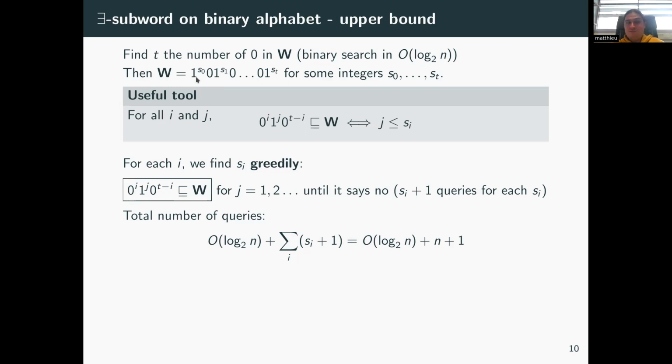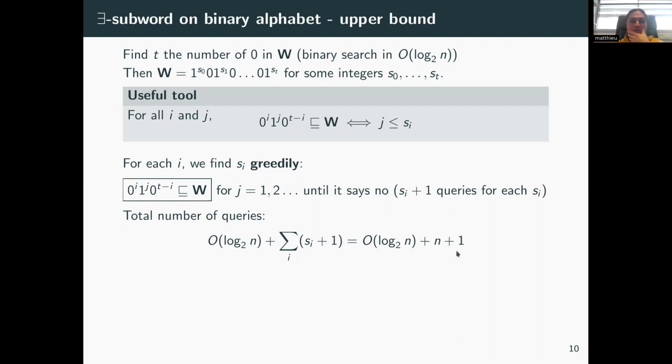The first ones plus the 0. Now the S2 plus 1 is just the length of all these ones plus the 0. So what I get is the sum of Si plus 1 for each I is just n plus 1, because I have one missing 0 at the end in some sense.